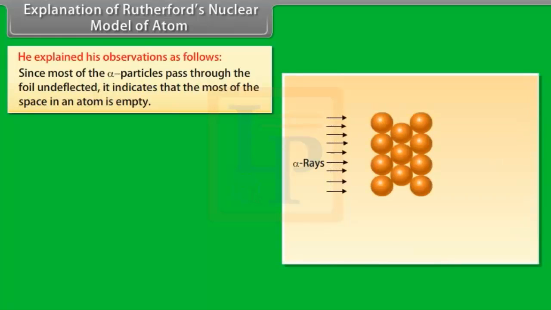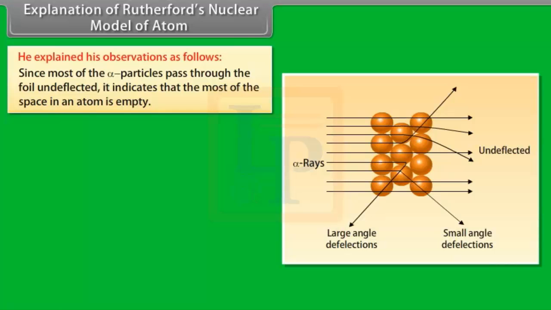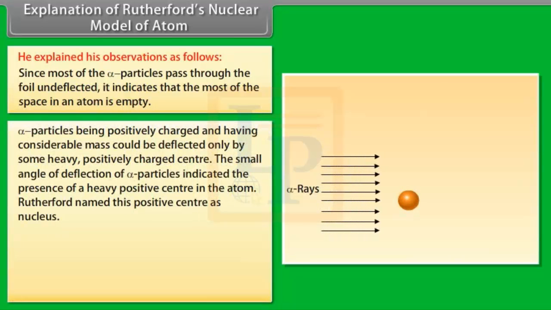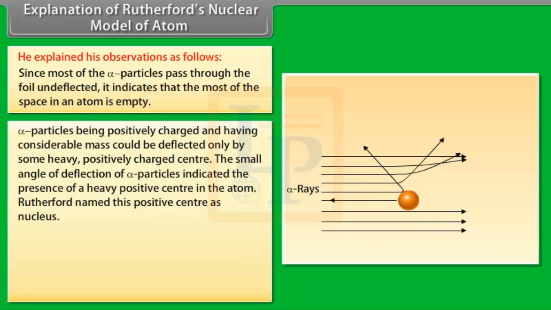Explanation of Rutherford's nuclear model of atom. He explained his observations as follows. Number 1. Since most of the alpha particles pass through the foil undeflected, it indicates that most of the space in an atom is empty. Number 2. Alpha particles, being positively charged and having considerable mass, could be deflected only by some heavy positively charged center.